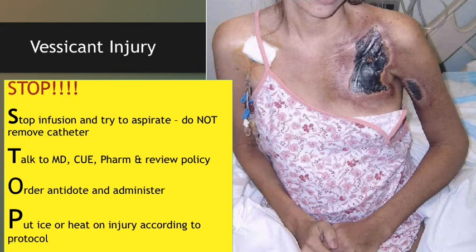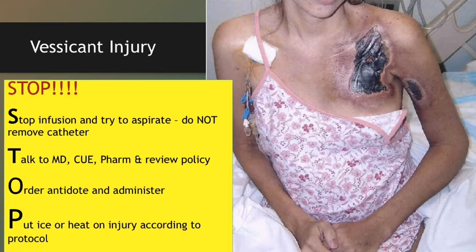There's all kinds of ways that you can have central line vesicant injuries. Of course, we see them more frequently with peripheral IVs, but this happens. Areas that are distal to the site of the vesicant injury or the leak, they can lose it. They can lose that whole limb.